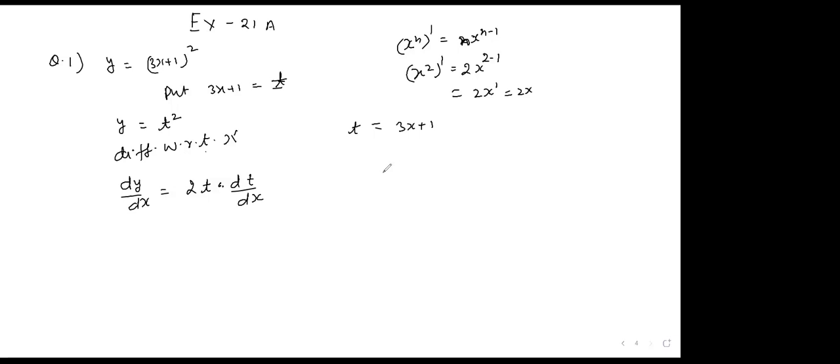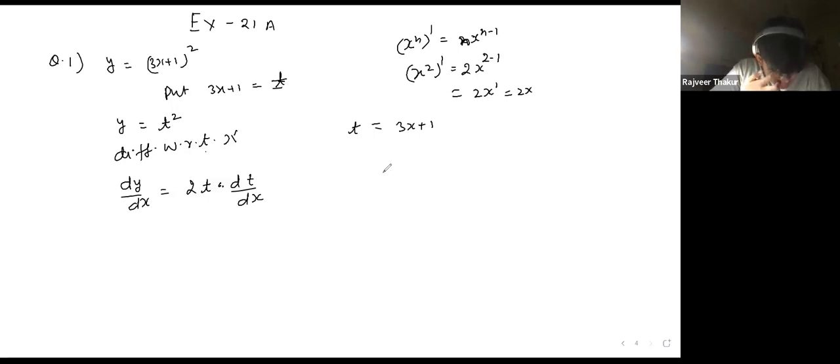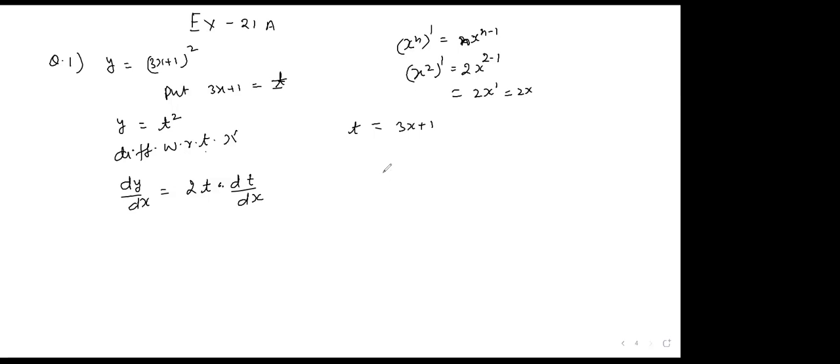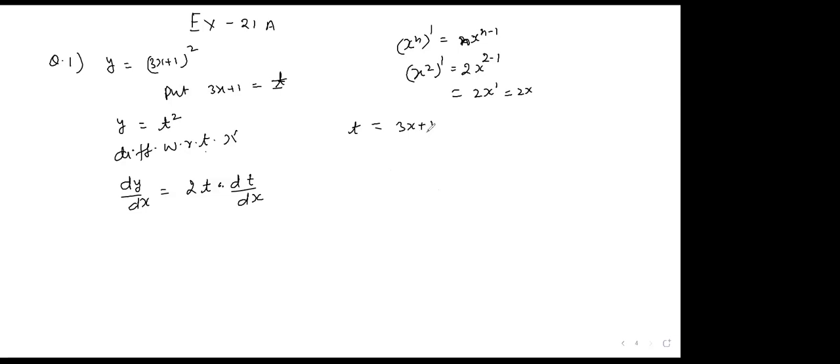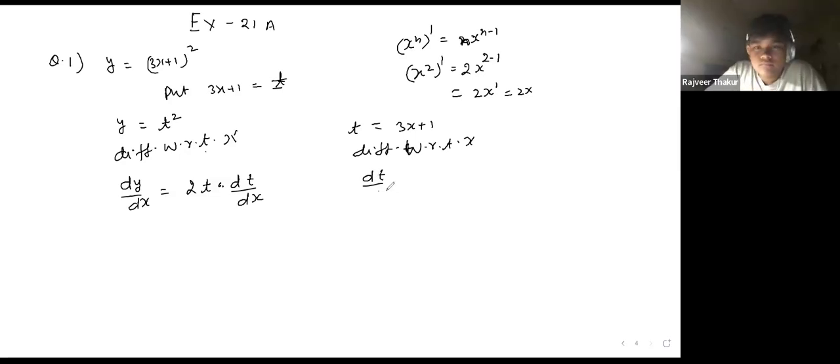Differentiating with respect to x, t's derivative dt over dx would be 3.